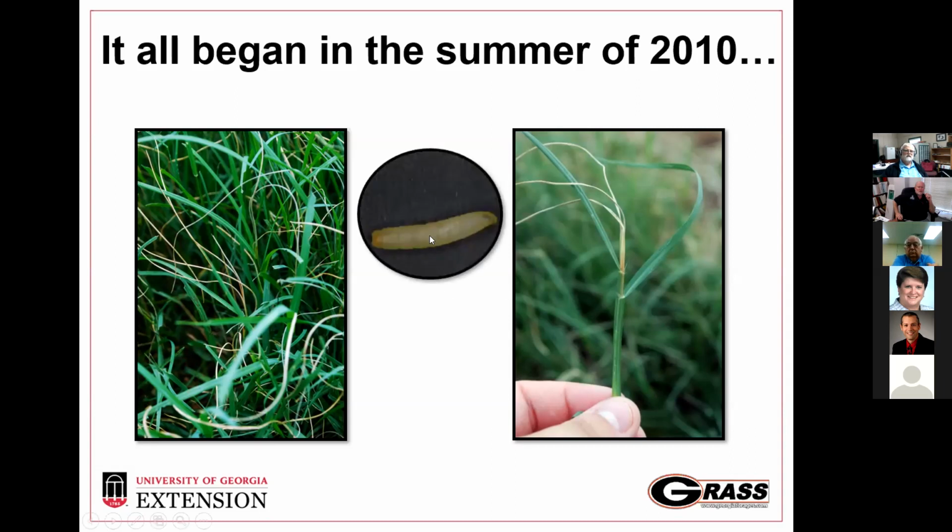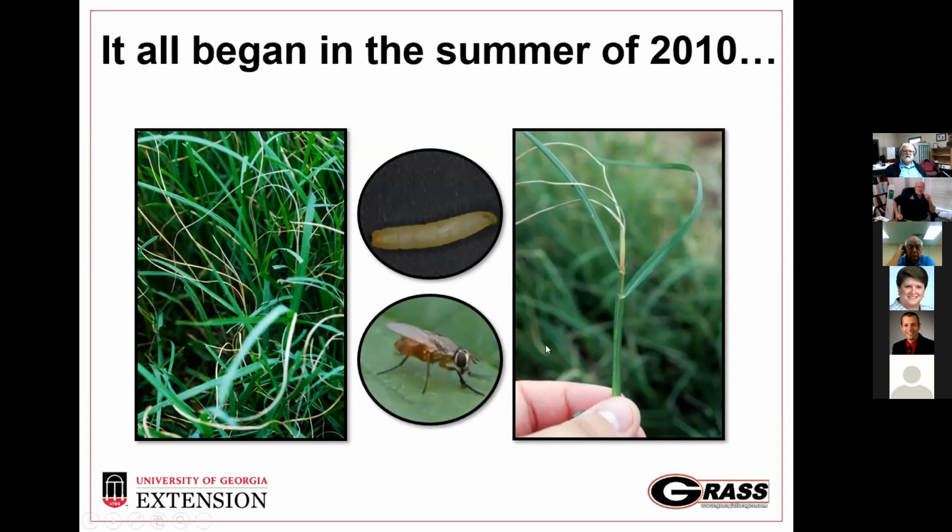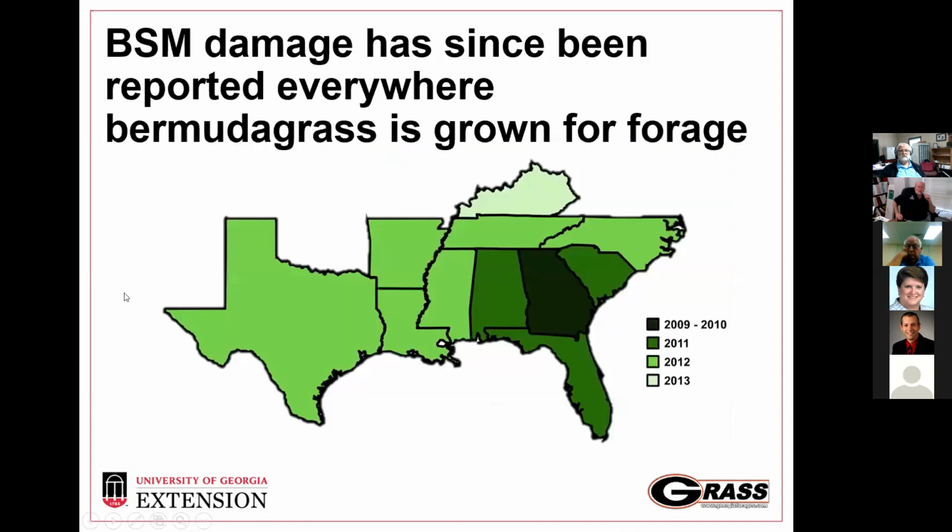And it turned out that there was a stem maggot, fly larva, within that Bermudagrass stem, feeding at the base of that very last terminal leaf on the tiller. And so the cycle of the adult fly laying eggs in the tiller and the larva emerging and feeding on them leads to the symptom of the death of those leaves.